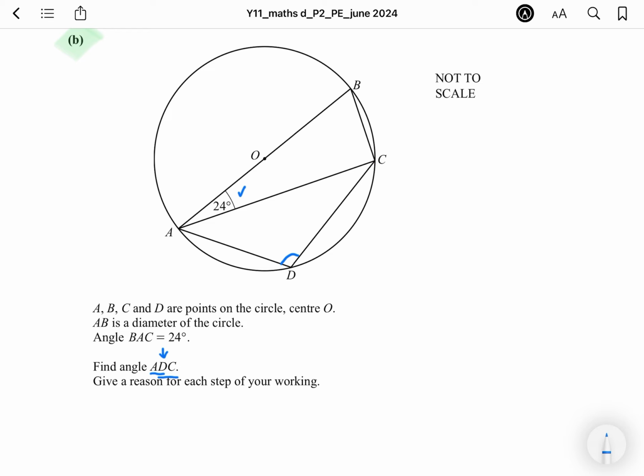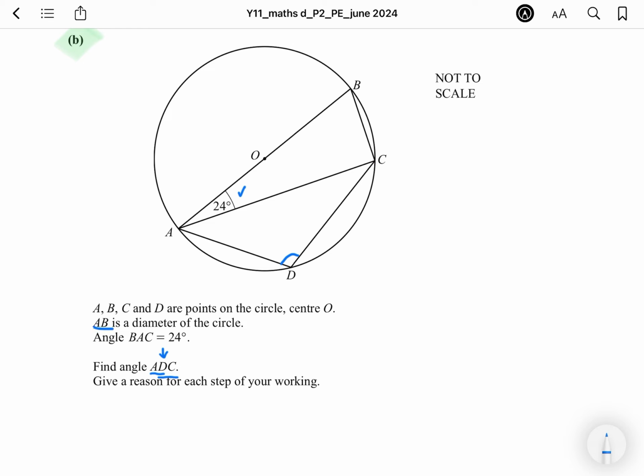Give a reason for each step of your working. So ADC belongs in the triangle ADC, but it also belongs in the quadrilateral ABCD. So we can use this fact.